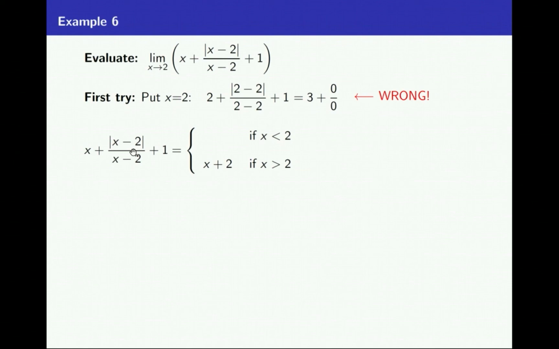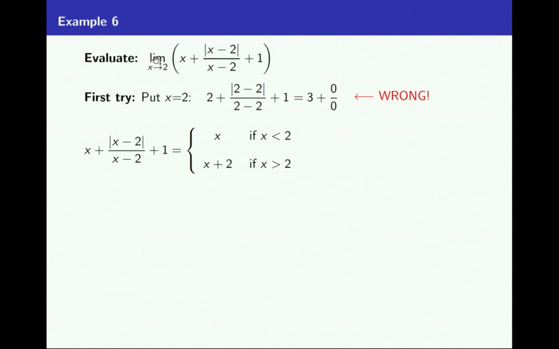So the absolute value of x minus 2 would be the negative of x minus 2. Take the negative of that negative number. And the negative of x minus 2 divided by x minus 2 is negative 1. And we'd get x plus negative 1 plus 1, or simply x. So this function works out to be x if x is less than 2, and it's x plus 2 if x is greater than 2.